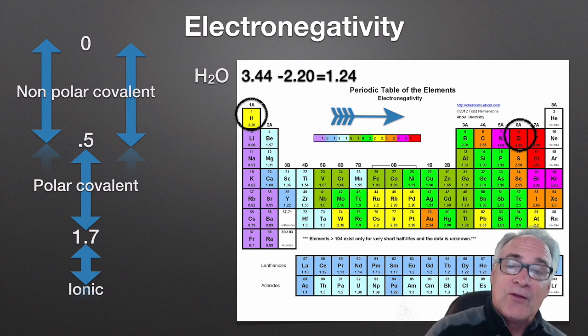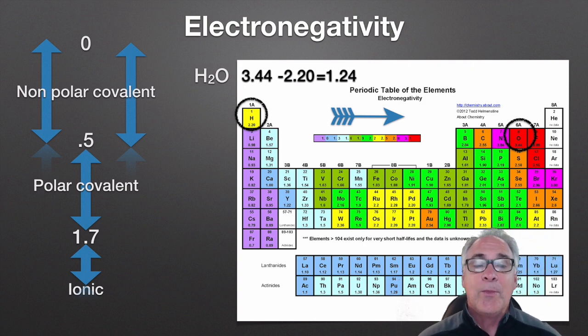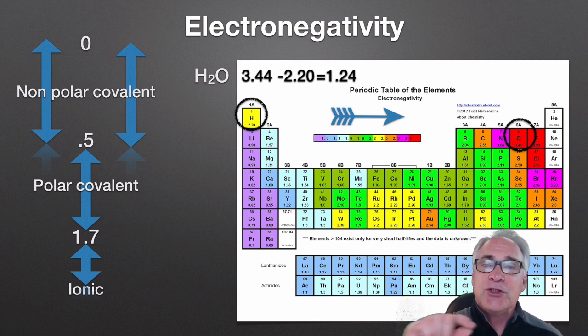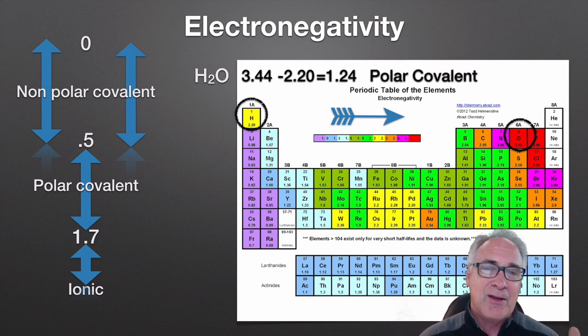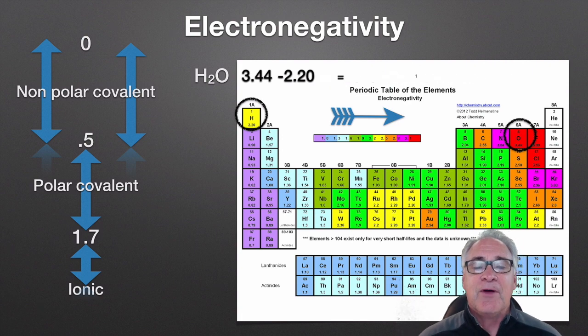If we go to the scale on the left, you'll notice that 1.24 falls right in the middle of 0.5 to 1.7. That would be a polar covalent bond, where it doesn't share the electrons equally. So it's a polar covalent bond based on the number 1.24 and the scale on the left.